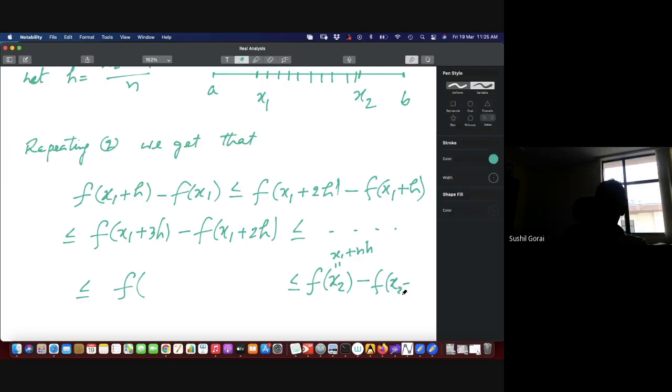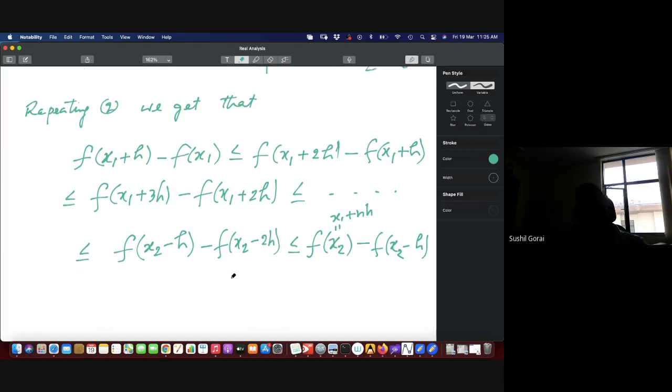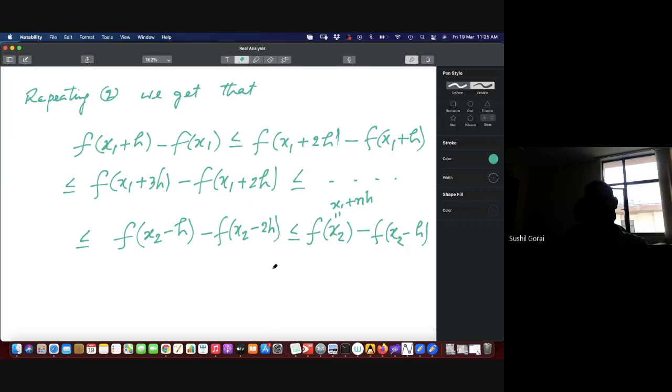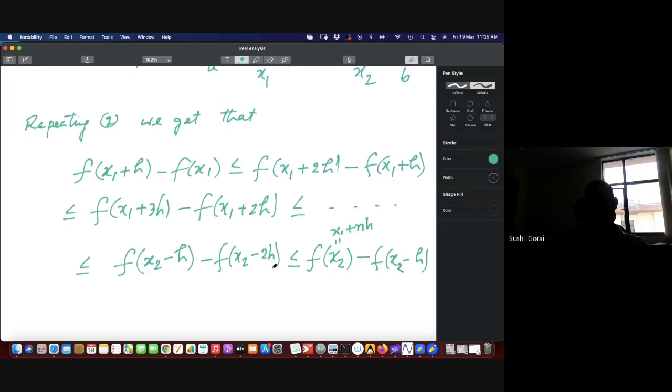And that will be f of x2 minus h minus f of x2 minus 2h. All right? Do you agree with this? This is n, not h times h.